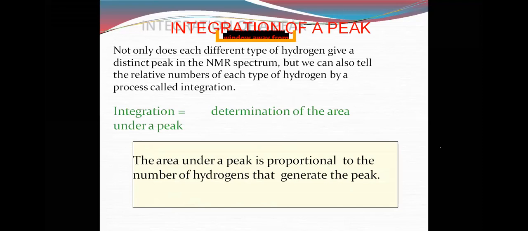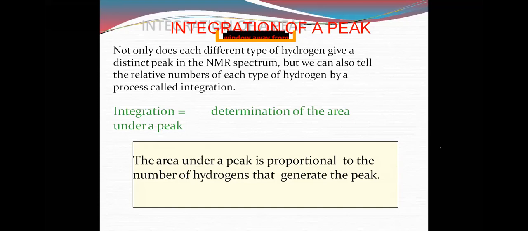Okay students, now the integration of the peak, the integration under a peak, that is, the determination of area. The area under the peak shows us the number of protons of the same type.